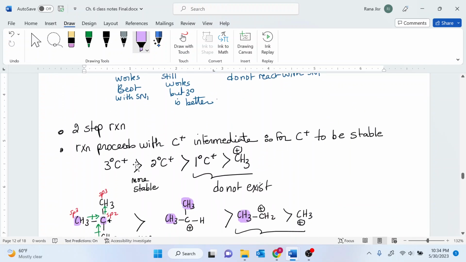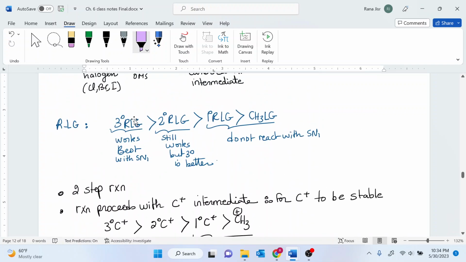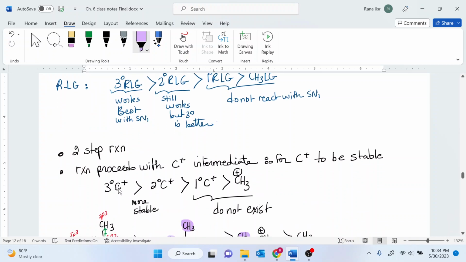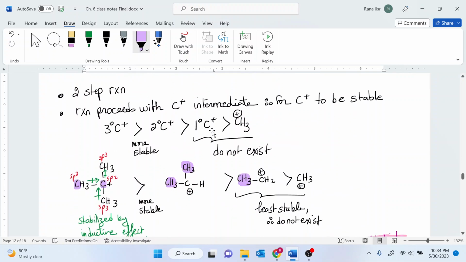After all, these carbocations are made whenever each one of those loses a leaving group. So when a tertiary alkyl halide loses the leaving group, it's going to make a tertiary carbocation. When the secondary alkyl halide loses the leaving group, it's going to make the secondary carbocation. So those two, they have no reaction because the carbocations are completely unstable.